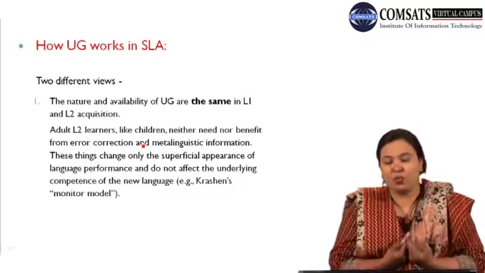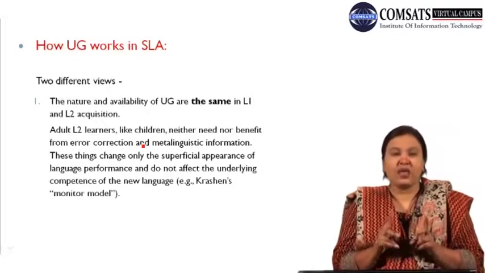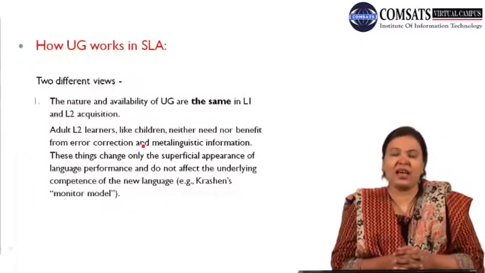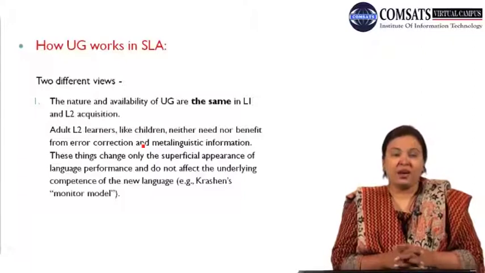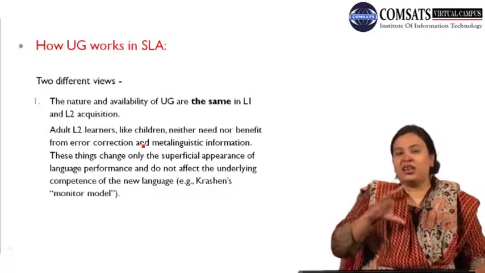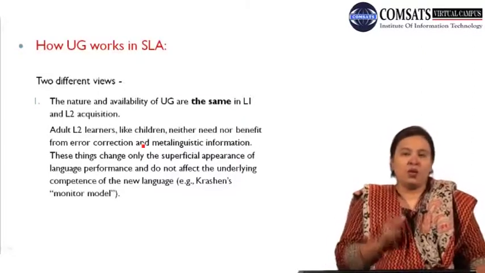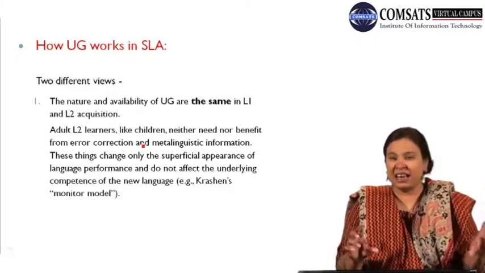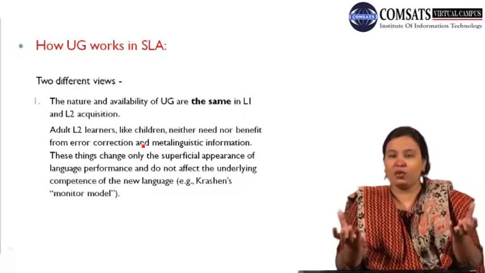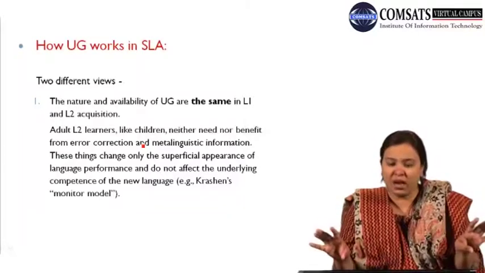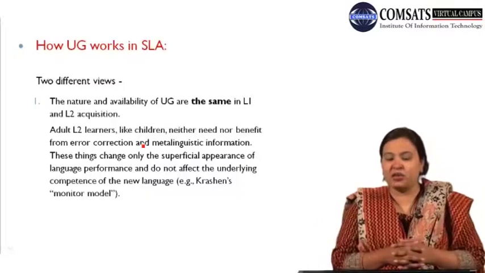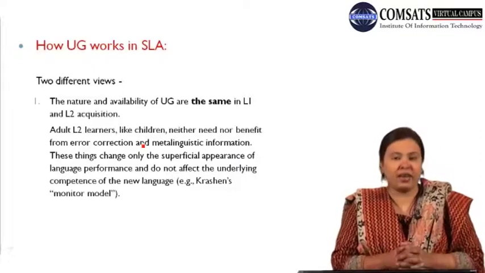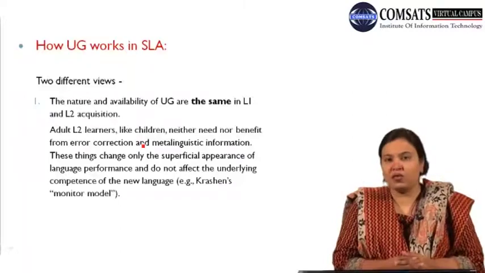According to the first viewpoint, the nature and availability of universal grammar are the same in L1 and L2 acquisition. I mean, according to them, children have the same universal grammar, whether they are learning the first language or the second language. The amount of universal grammar is the same at both levels. And adult second language learners, like children, neither need nor benefit from error correction and metalinguistic information.